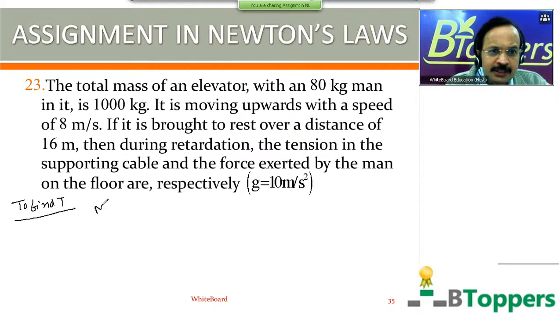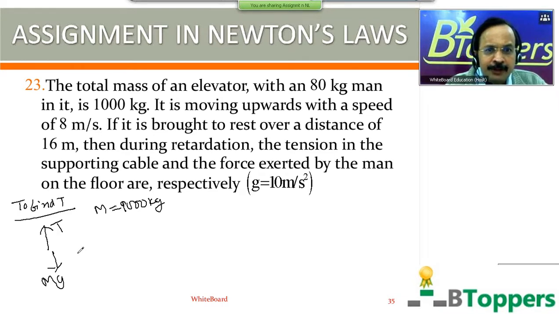So the total mass of the system of the elevator and man is 1000 kg. For this system, weight mg acts downwards, and the tension T acts upwards. To find the acceleration, it is given that the body is initially moving in the upward direction with a speed of 8 meters per second.